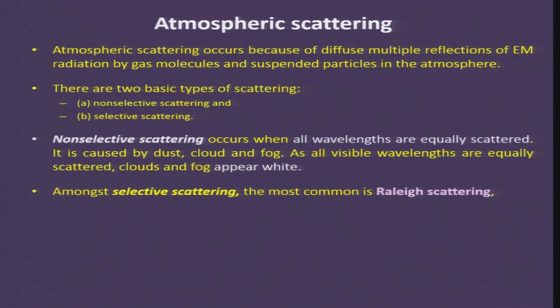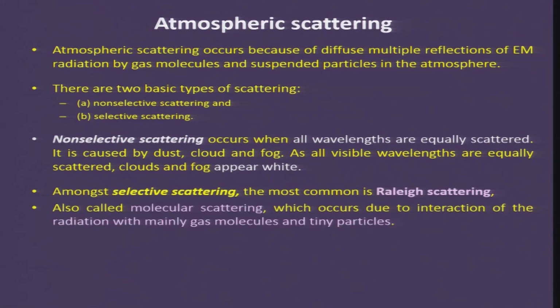Among selective scattering, the most common is termed Rayleigh scattering, also called molecular scattering, which occurs due to the interaction of radiation with mainly gas molecules and tiny particles. Here there will be some absorption.